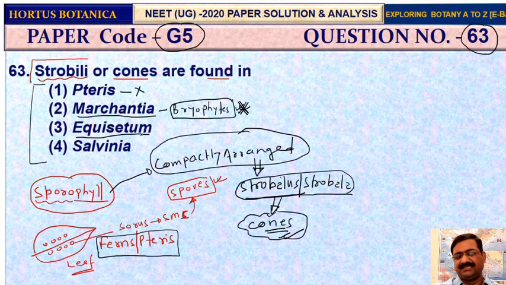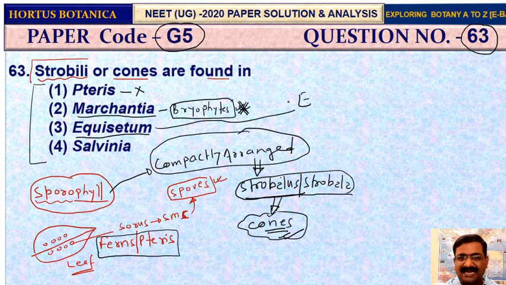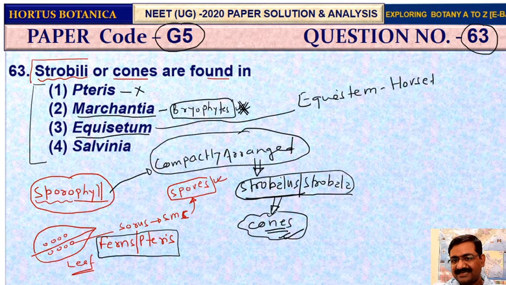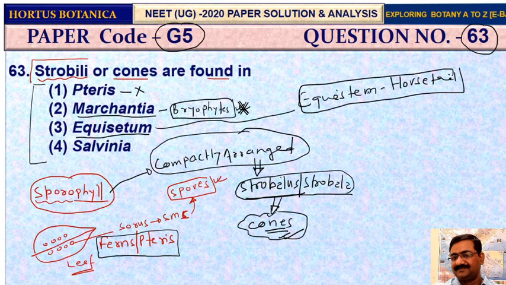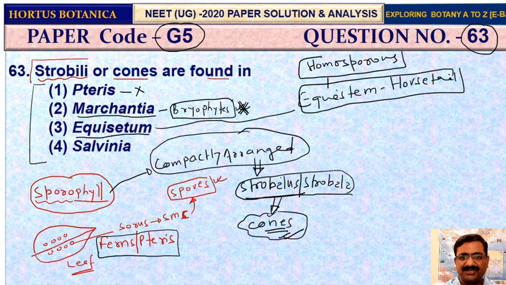Now Equisetum. Yes, by name it is clear. Equus means horse, setum means tail. That's why this Equisetum is commonly known as horsetail, right? And this horsetail plant, Equisetum, it is also a homosporous plant, homosporous pteridophyte, and you all know the majority of pteridophytes are homosporous in nature.